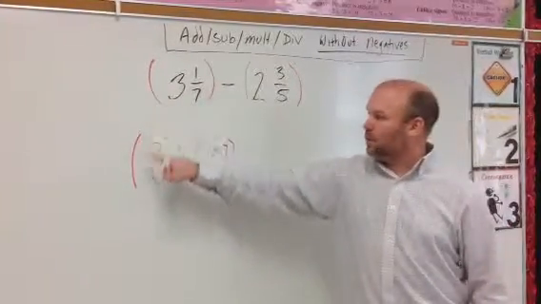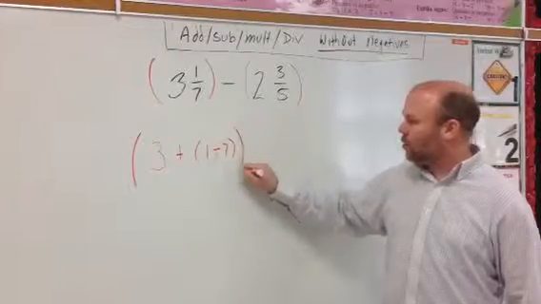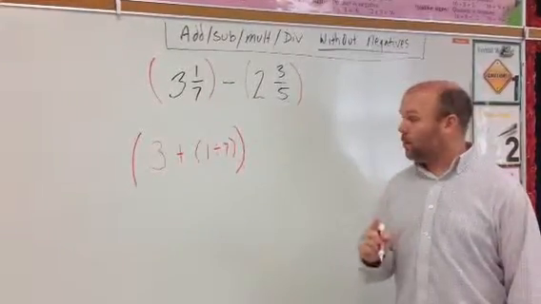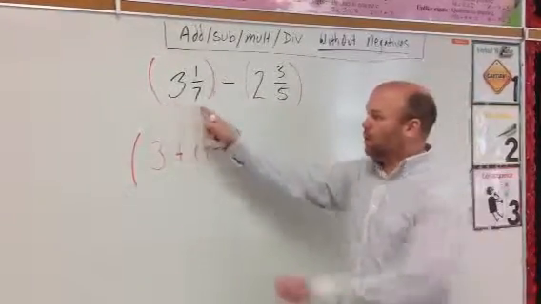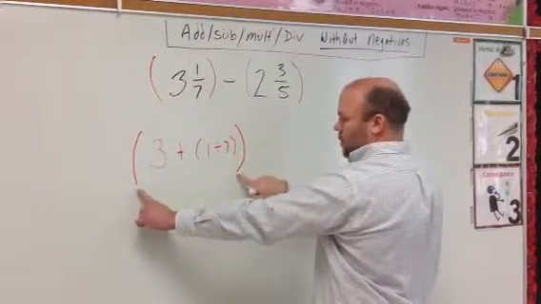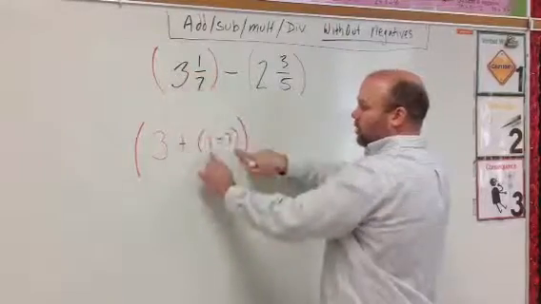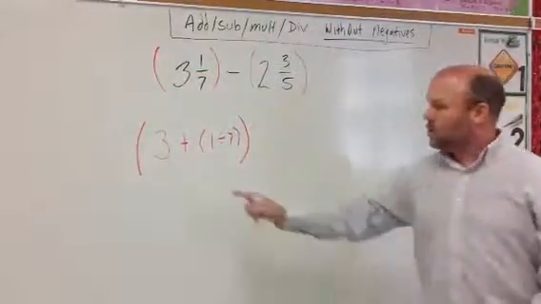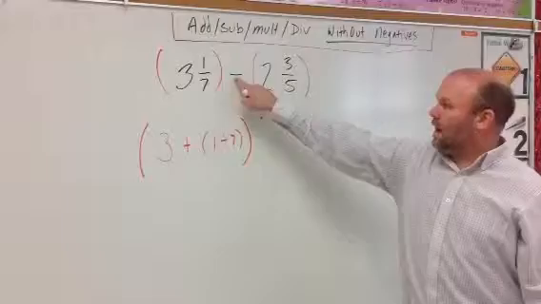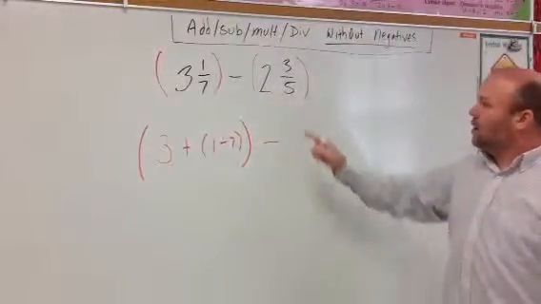Remember, this whole thing needs to be in parentheses, so right here there needs to be another parenthesis. That's going to be very important. Okay, so you have the big parentheses right here, and then you have the small parenthesis where just our fraction portion was in it. Okay, so that's 3 and 1/7 minus, and we're going to do the same thing here.